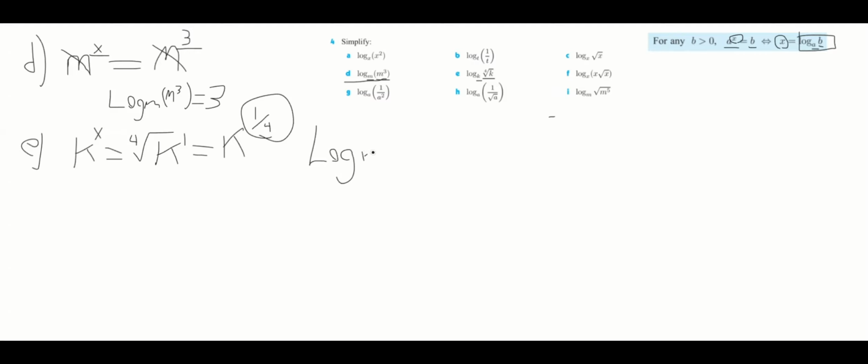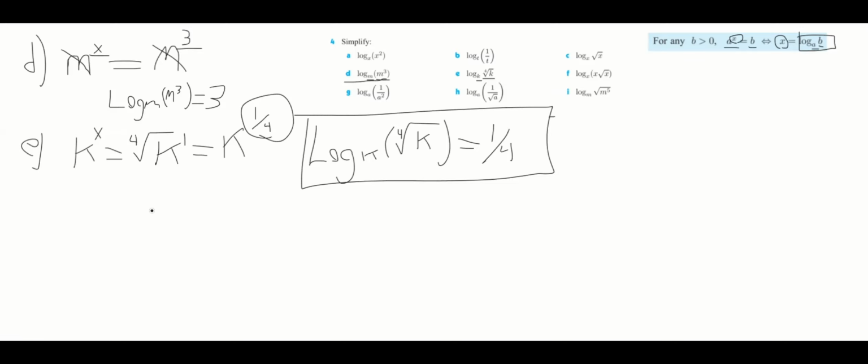So we can say log base K of fourth root K, that's the worst K of my life, equals 1 divided by 4. Awesome.